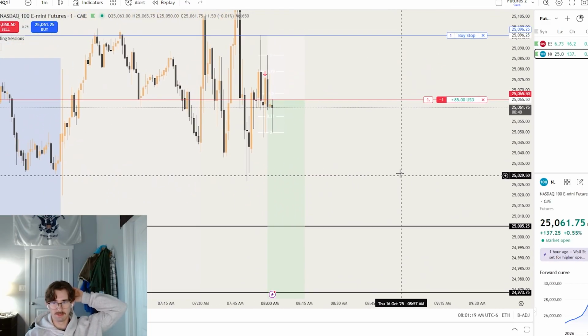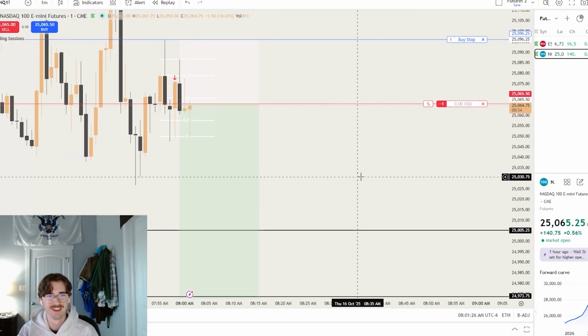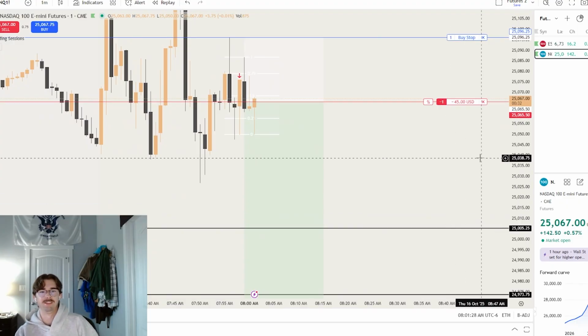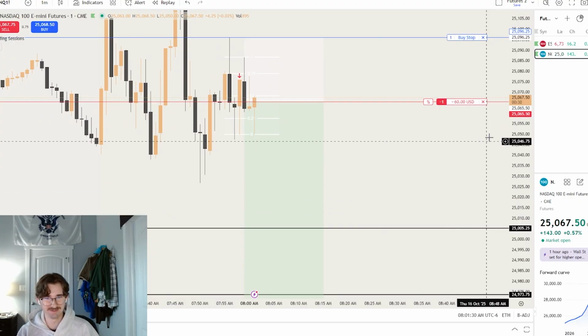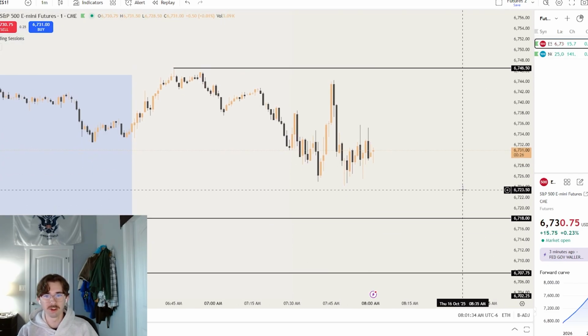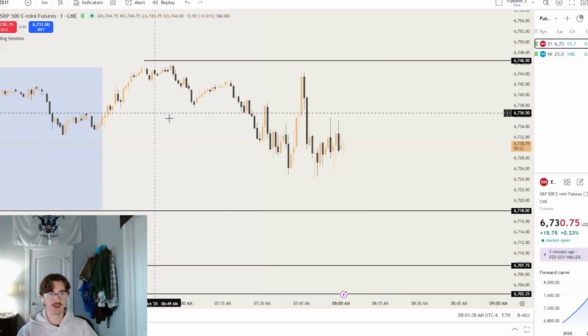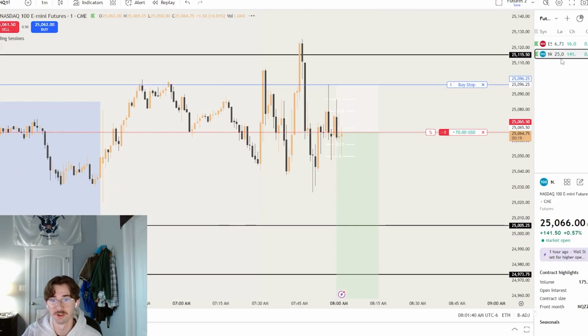There's so much, this price action is just making me angry, because it's just straight consolidation. Trust me, price is primed right now to do this. Maybe it's not, so don't trust me.